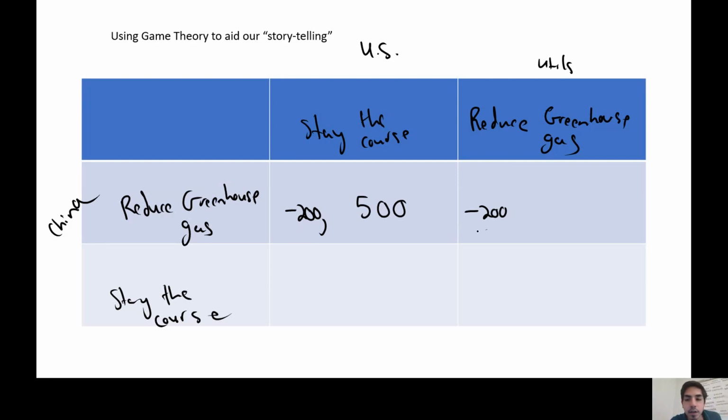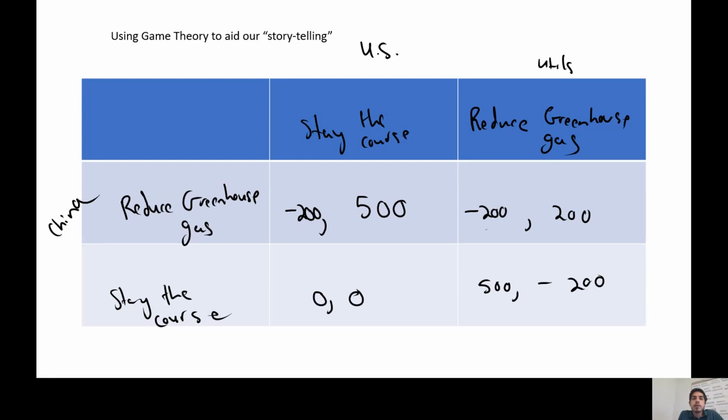But we can also have dollar payoffs too, and so on and so forth. Let me see, -200. Stay the course 0, 0.